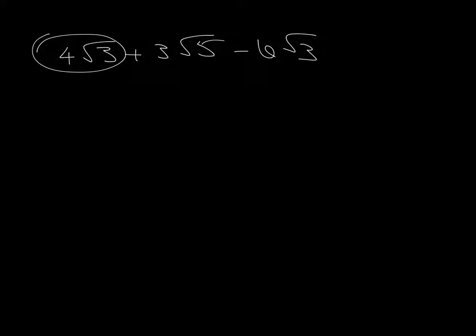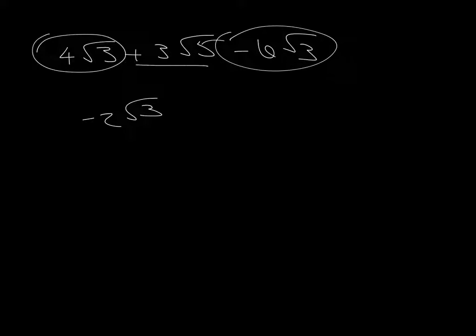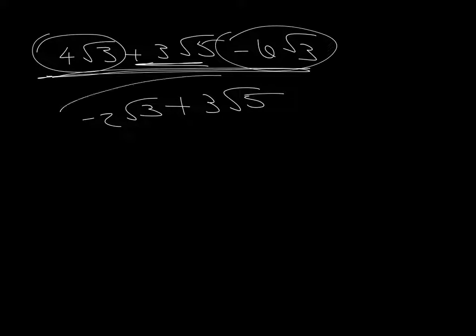So we're going to combine that and that. 4 minus 6 is negative 2. And since there's nothing to add to this, we just leave it alone. We just stick it on there. So we've taken an expression with 3 terms and made it an expression with 2 terms. That's all we did. Alright, so let's keep going.